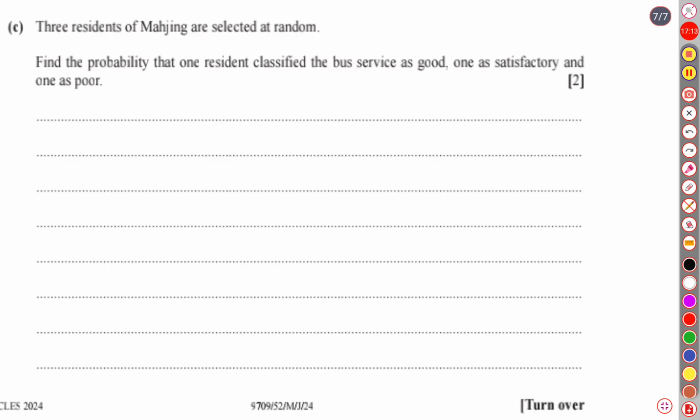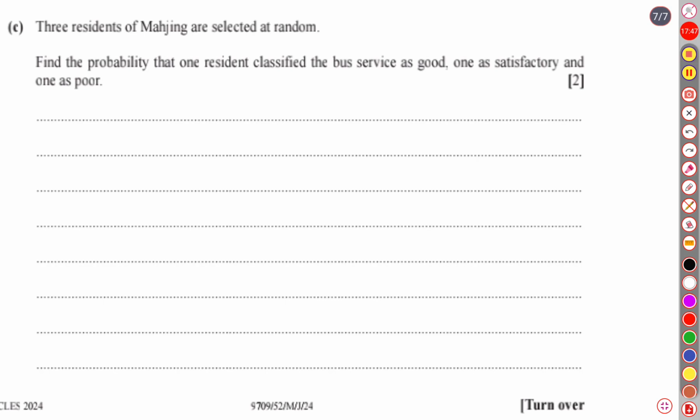Question number C says, three residents of Mahjong are selected at random. Find the probability that one resident classified the bus service as good, one as satisfactory, and one as poor. So we know there are three persons, and their comments are in multiplying state, because they didn't mention one classifying as good or satisfactory or poor.